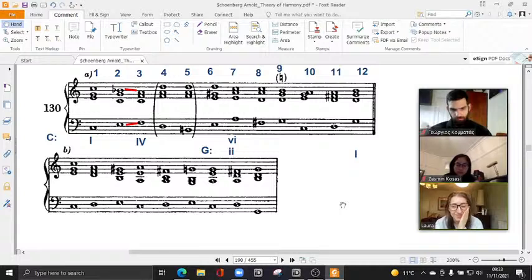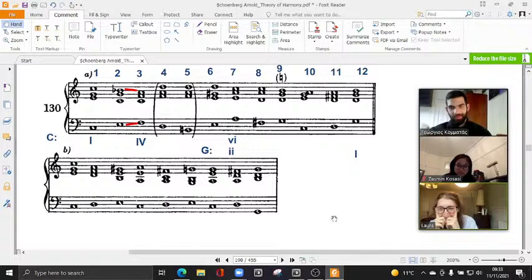Well, it does have a B flat there. It's not the Lydian. It's not the Dorian, it's not the Lydian. I don't think it's the Mixolydian. I ran out of moves here.